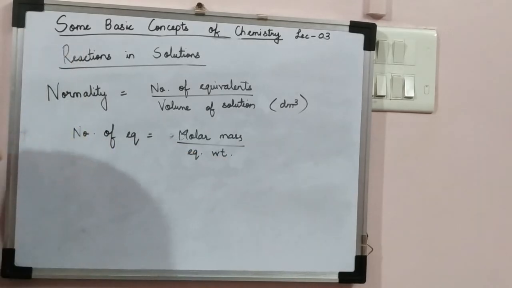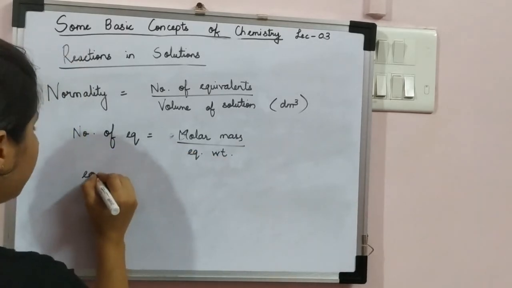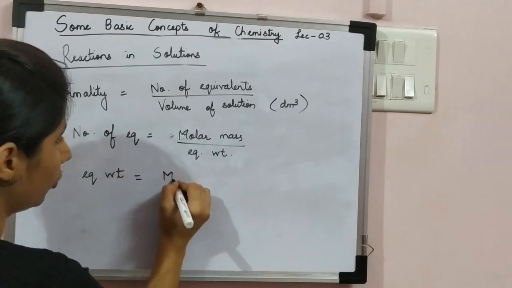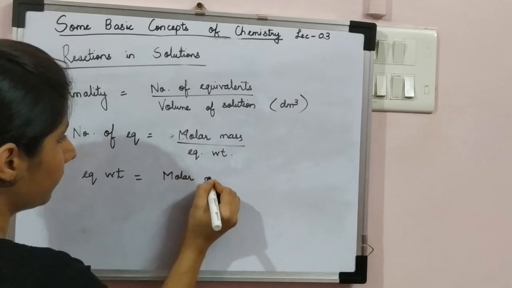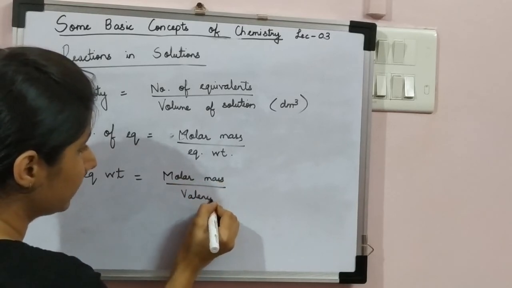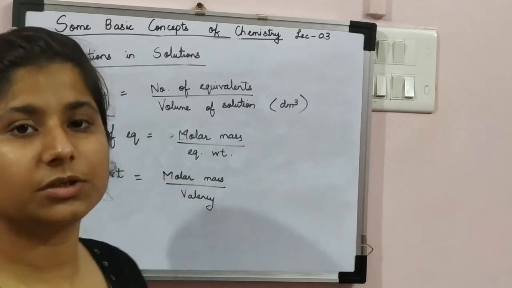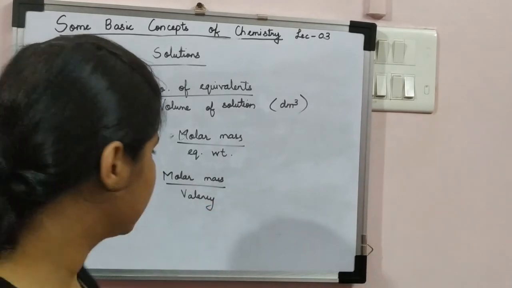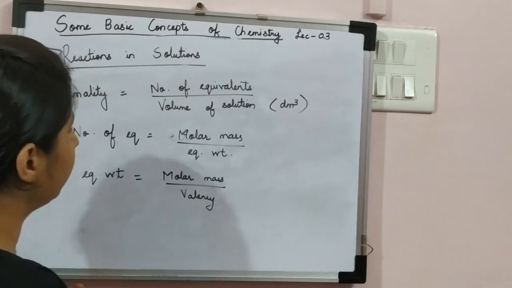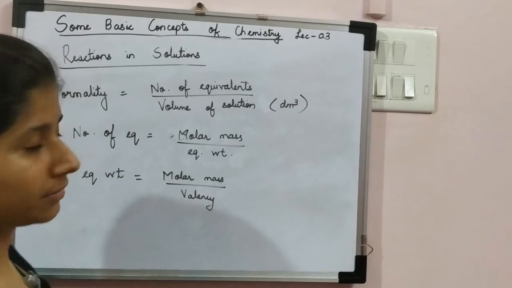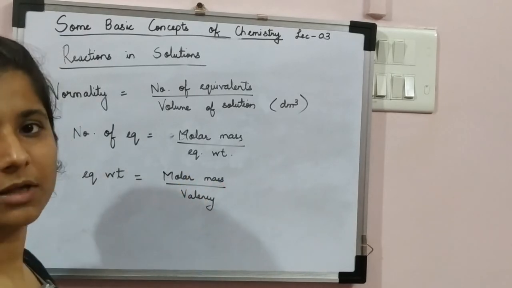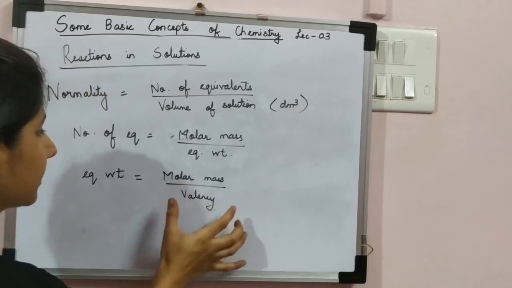Just before, when I was calculating the equivalent weight of substances, equivalent weight was molar mass upon valency if it was an element. If it is an oxidizing or a reducing agent, it was the total number of electrons exchanged, the change in the oxidation state. And if it was an acid, it was molar mass upon basicity. If it was a base, it was molar mass upon acidity.